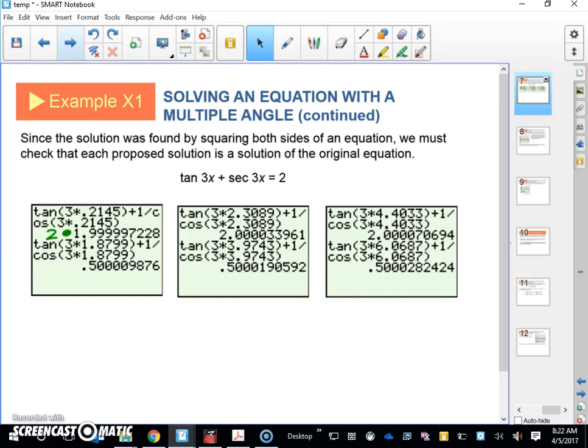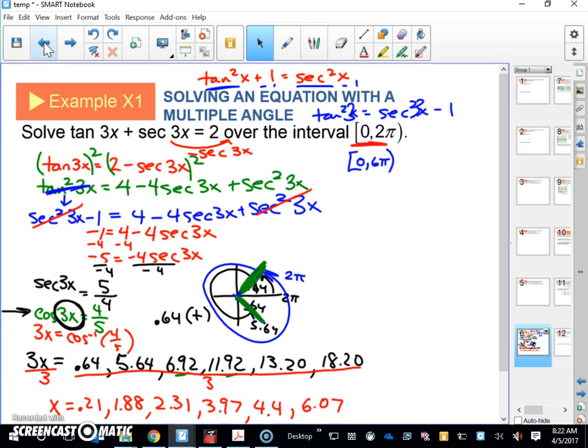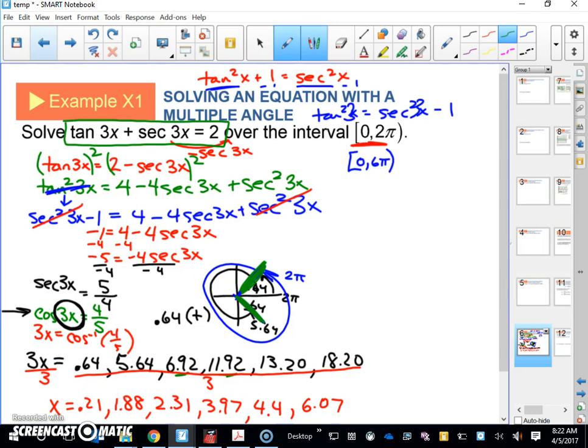Okay. If you look back at the original equation was this. And so what they've done is they've plugged in that 0.2145 number into the original equation, and they got 2, which is exactly what they wanted to get. Okay? So when they got 2, that worked. And so that's how I know that this 0.21 number works.